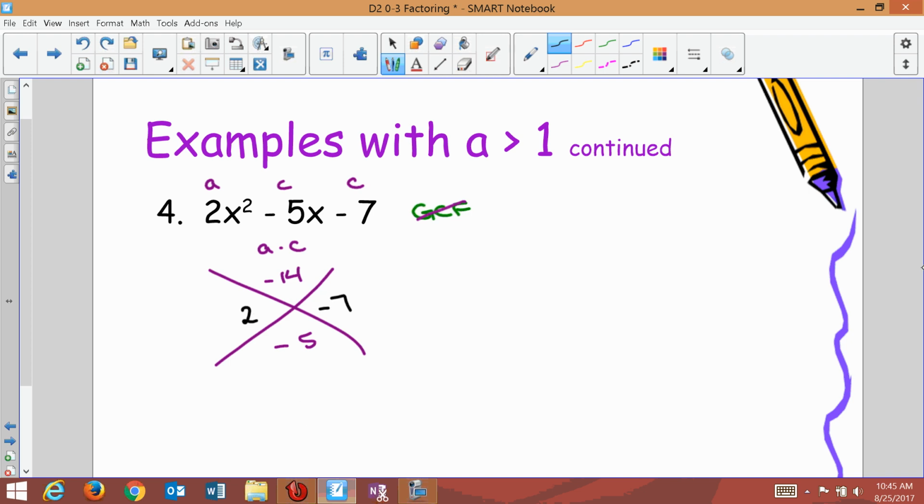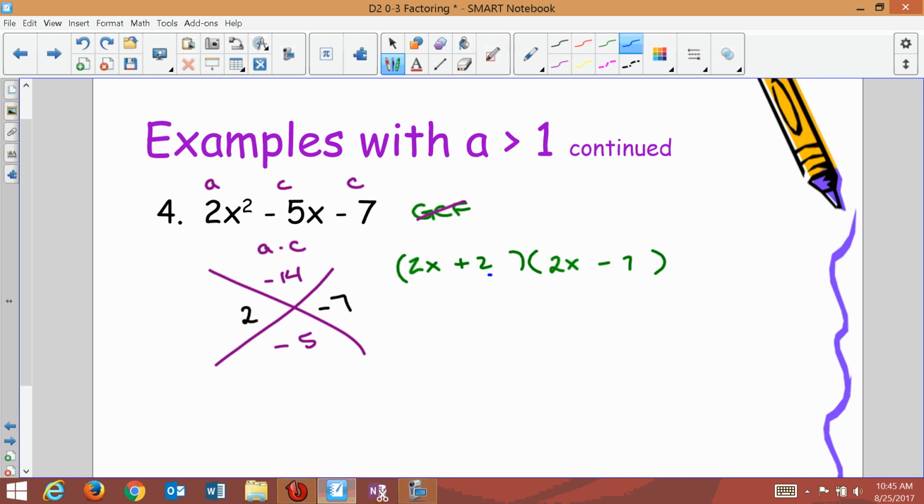Now remember, whenever you write your two new parentheses, what we're going to include is that a term, which is 2x squared. You just happen to divide the power by 2. So I'll have 2x and 2x. Now I put in these two terms. It's a positive 2 and a -7. We go through the bottoms up technique.